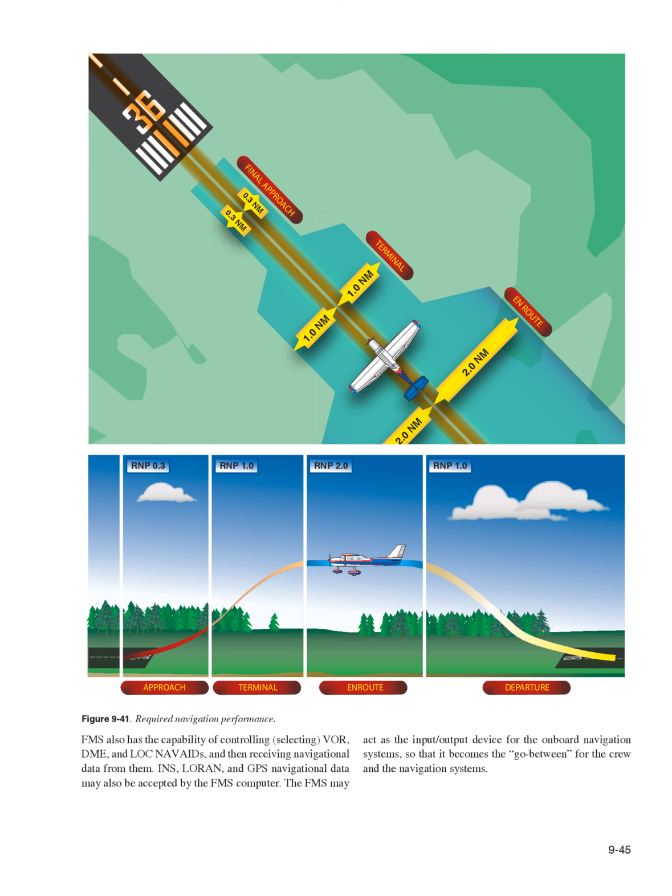FMS also has the capability of controlling, selecting VOR, DME, and localizer navaids, and then receiving navigational data from them. INS, LORAN, and GPS navigational data may also be accepted by the FMS computer. The FMS may first act as the input/output device for the onboard navigation systems, so that it becomes the go-between for the crew and the navigation systems.